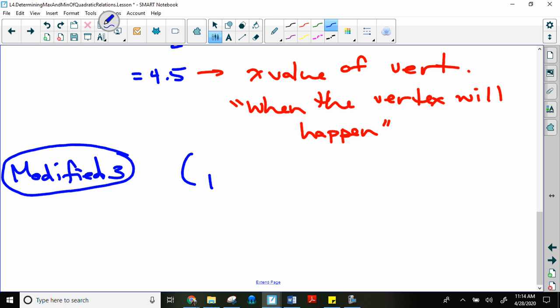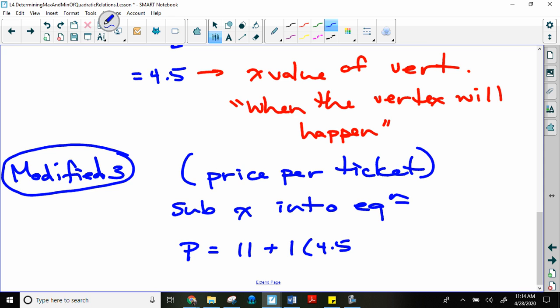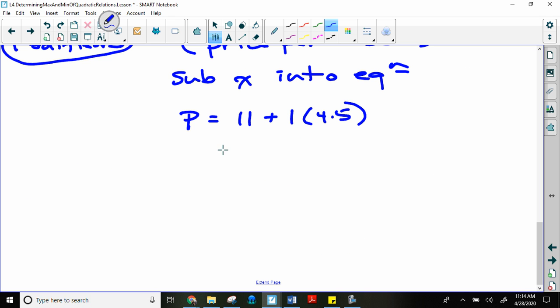We need to go into price per ticket and we have to sub x into the equation because that's what we're trying to find. So price is going to be 11 plus 1 times 4.5, and 11 plus 4.5 is 15.5.